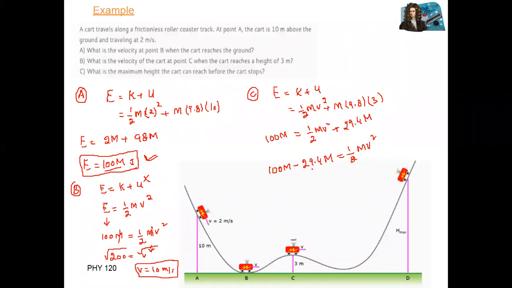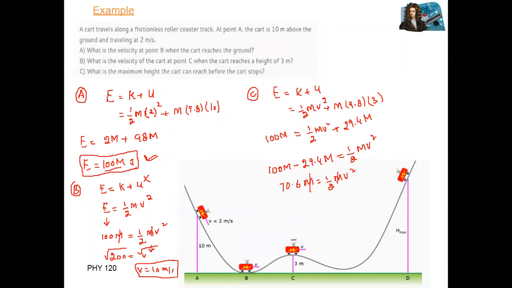But 100 minus 29.4 equal to what? 70.6, excellent. So 70.6 m equal to half mv square.